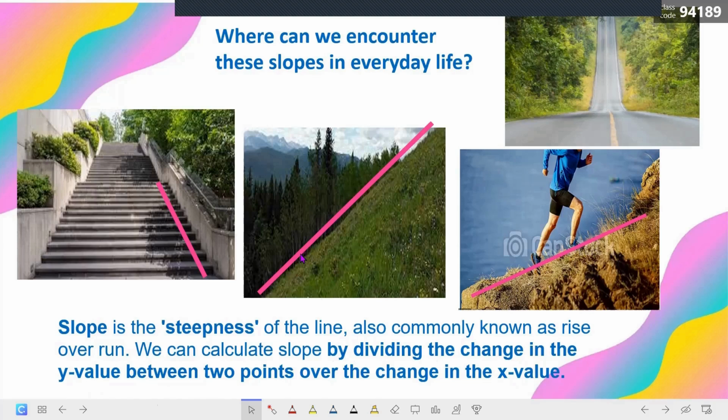When we talk about lines, we also talk about points on the line. So when we divide the change in the y value between 2 points on the line over the change in the x value from these same 2 points, we will be able to solve for the measure of the slope. That's what we're going to do in this lesson.